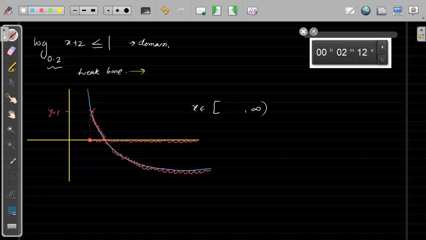As x tends to infinity, this becomes minus, which is less than 1. I just have to find where log base 0.2 of x plus 2 equals 1.